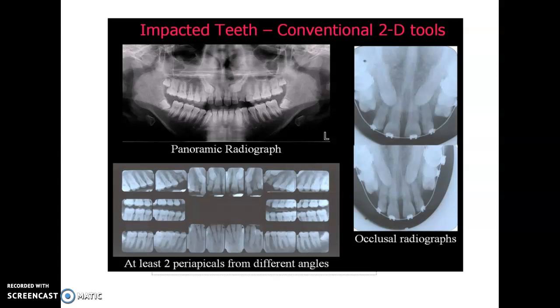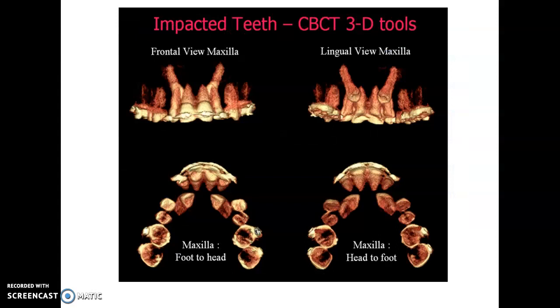But with digital, you're able to take that information and a computer can create 3D models. These pictures are several years old, so they actually have better graphics and better visualization now.